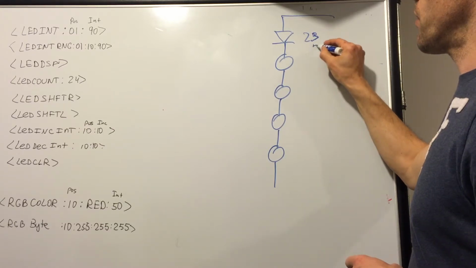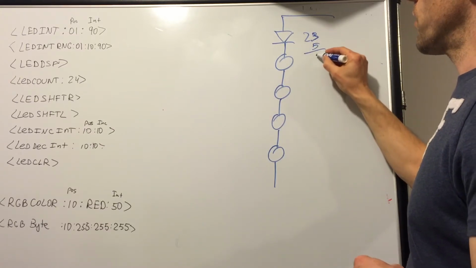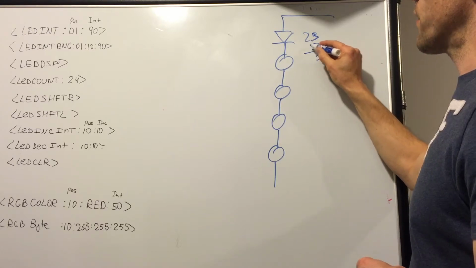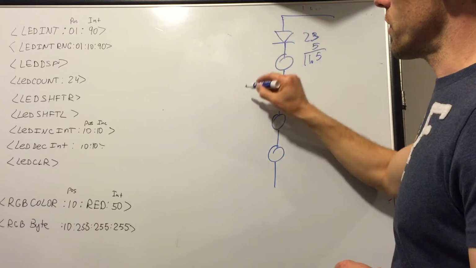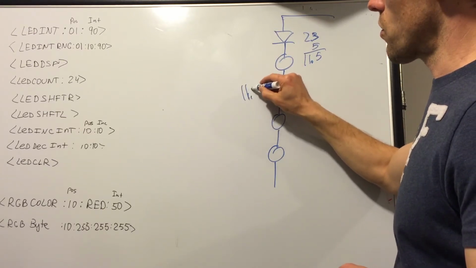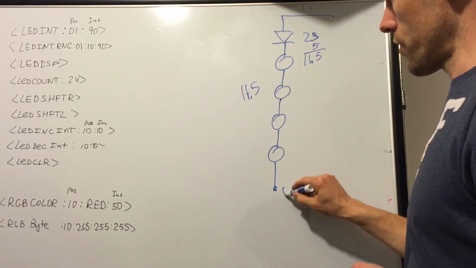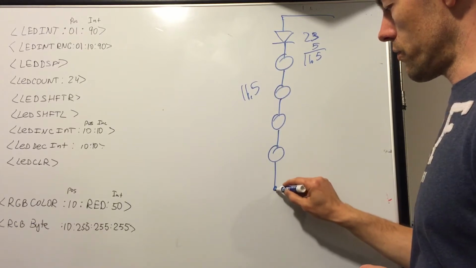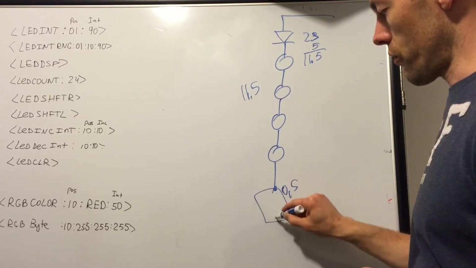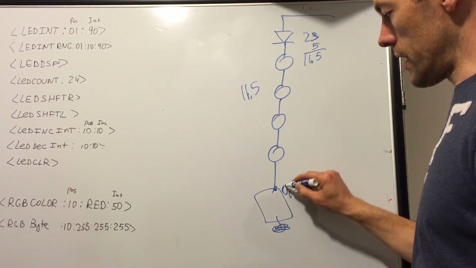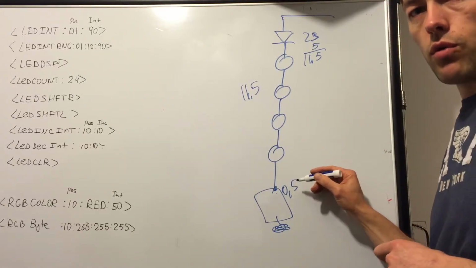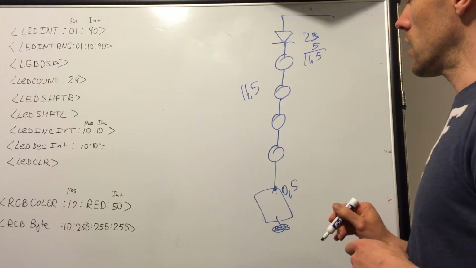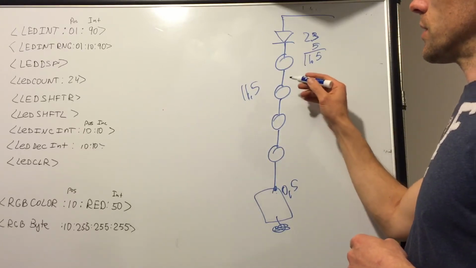So 2.3 multiplied by 5 is 11.5. So we're going to drop 11.5 volts, which is perfect. It's going to only leave us 0.5 volt here through our circuit to go through, and that will dissipate a little heat. The less voltage here, the less heat.